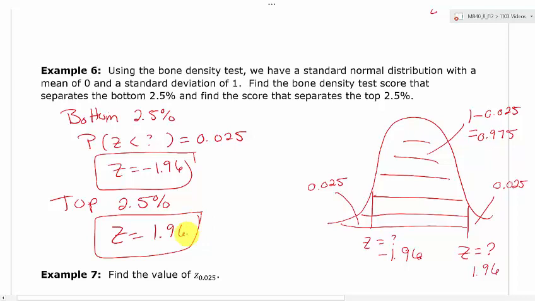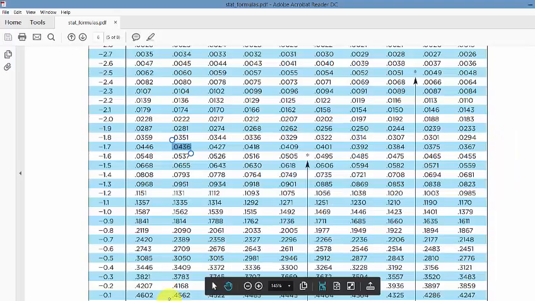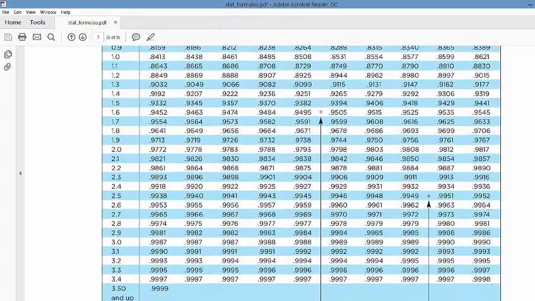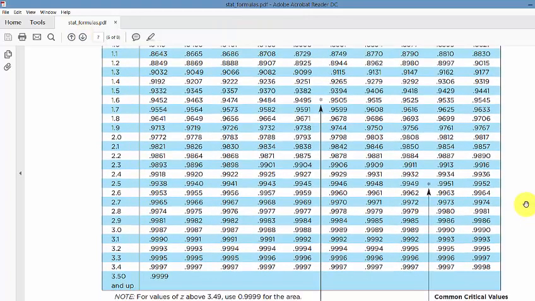Again, just so that we have some practice looking at the table, we want 0.975. We need the positive side this time. Remember, we had to subtract 0.025 from 1 in order to get that.